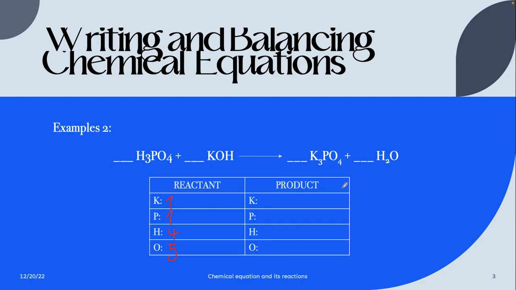And if we go to the product side, we have 3 potassium, 1 phosphorus, 4 oxygen and 1, making it 5, and 2 hydrogens.